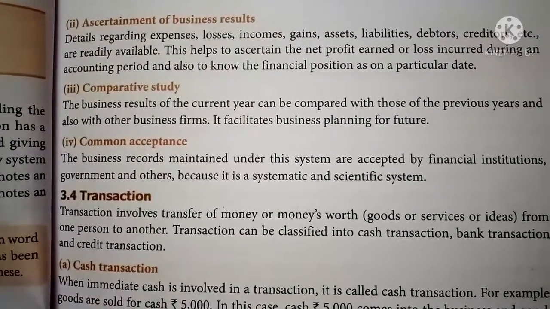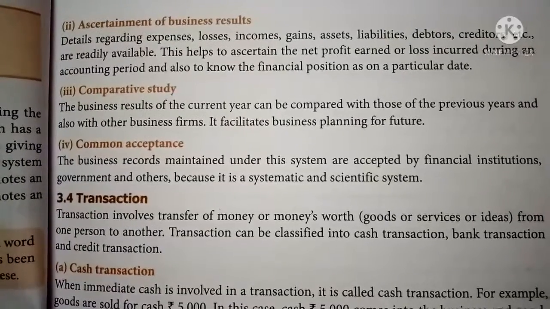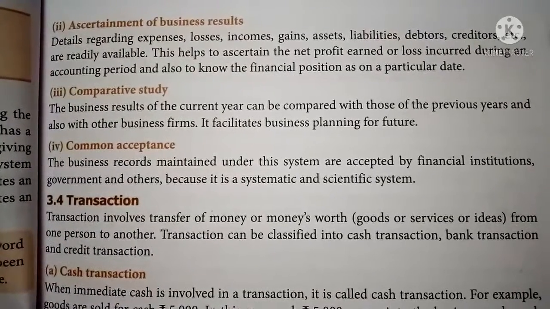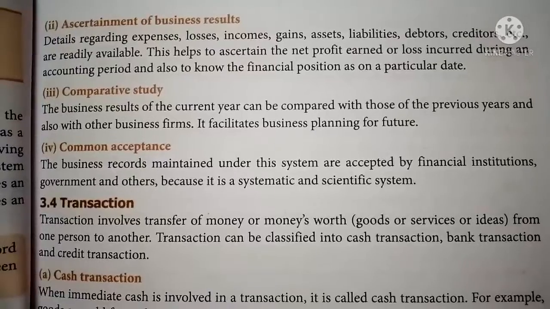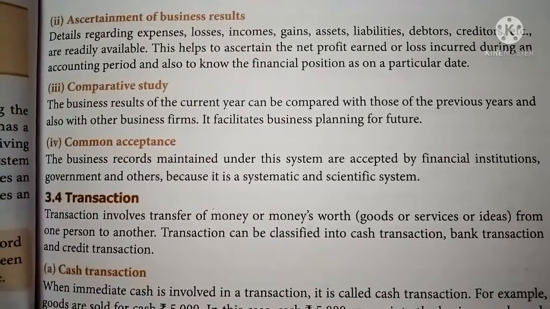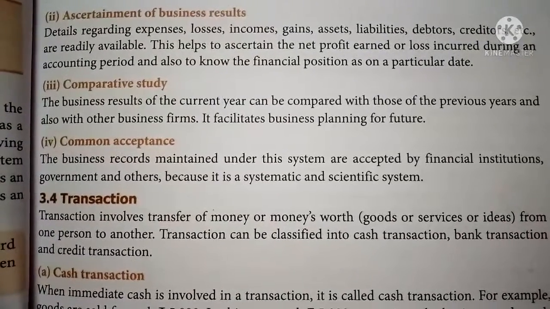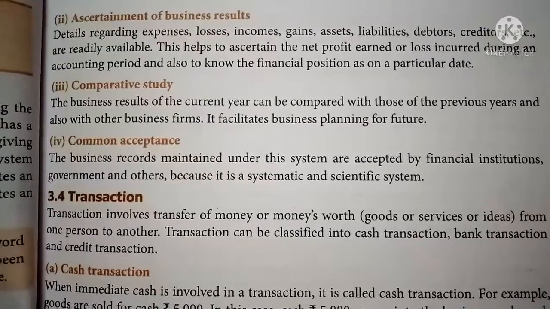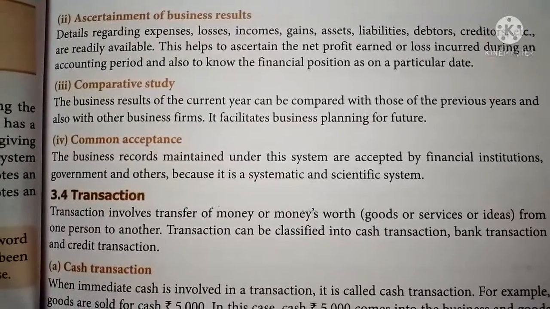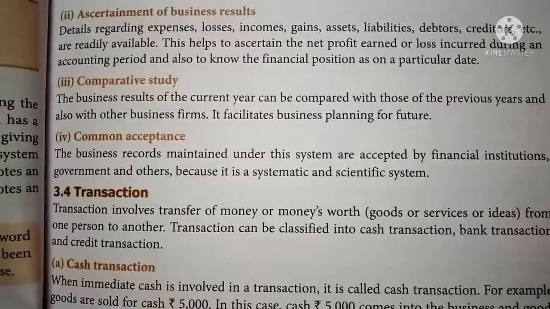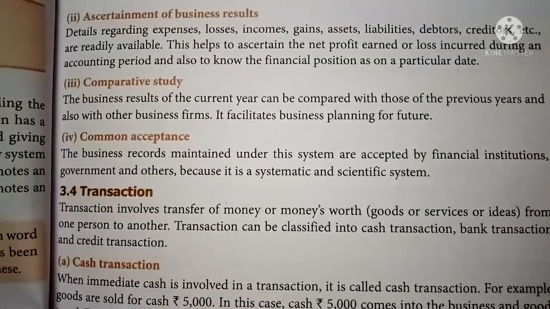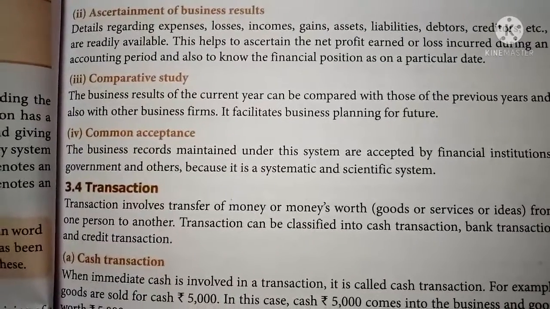Common acceptance. The business records maintained under this system are accepted by financial institutions, government and others because it is a systematic and scientific system. Whatever the business concern, if they maintain the accounts under the double entry system of bookkeeping, the accounts will be complete and scientific.